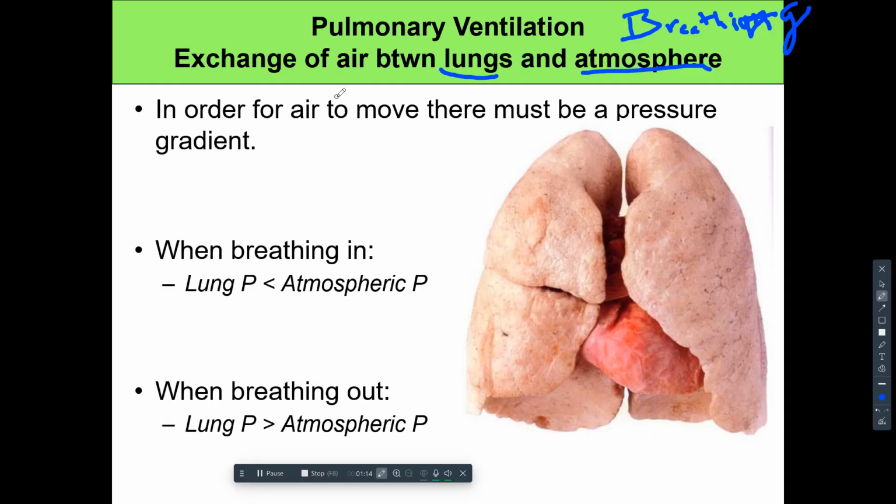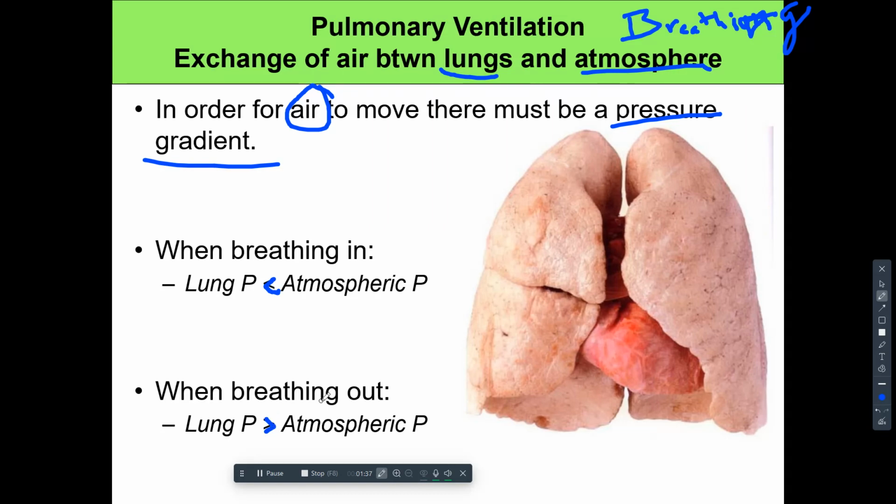Now we know in order for air to move, there has to be a pressure gradient. When we are breathing in, air is moving because lung pressure is less than atmospheric pressure. And when we are breathing out, air is moving out because lung pressure is greater than atmospheric pressure.